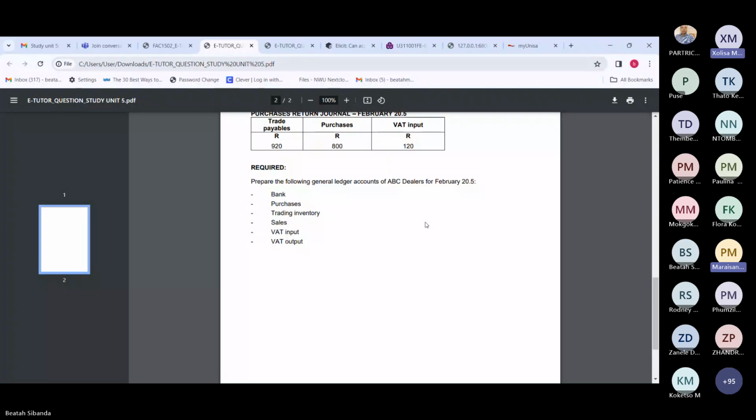It will just be your rough work. So that you can remember that from the sales returns, we must have a VAT input or VAT output. It would just be for you to remember the whole process, but it won't be marked. Then it means it would be just taking off your time. Thank you. Oh, okay, thank you so much.